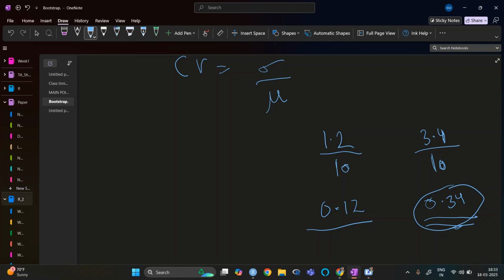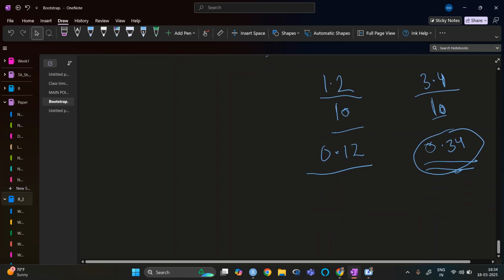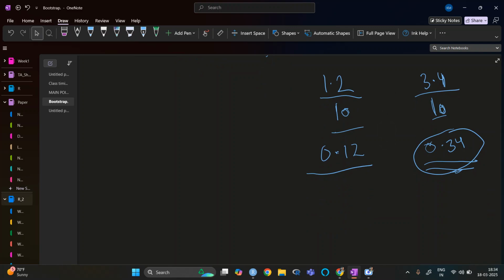But what can we say when the mean is not the same? Till now we have seen that when the variability is high, we want to minimize the variability. But what if the mean is also changing? Say 1.2 by 10 and 3.4 by 20.